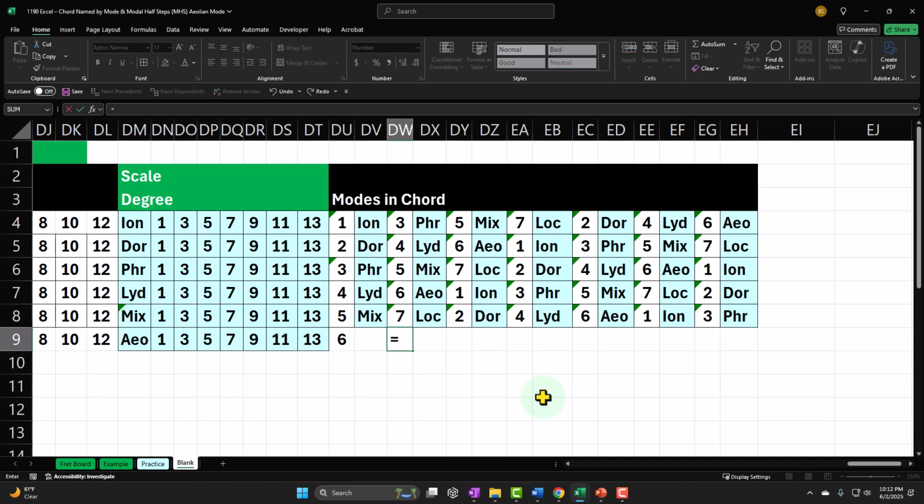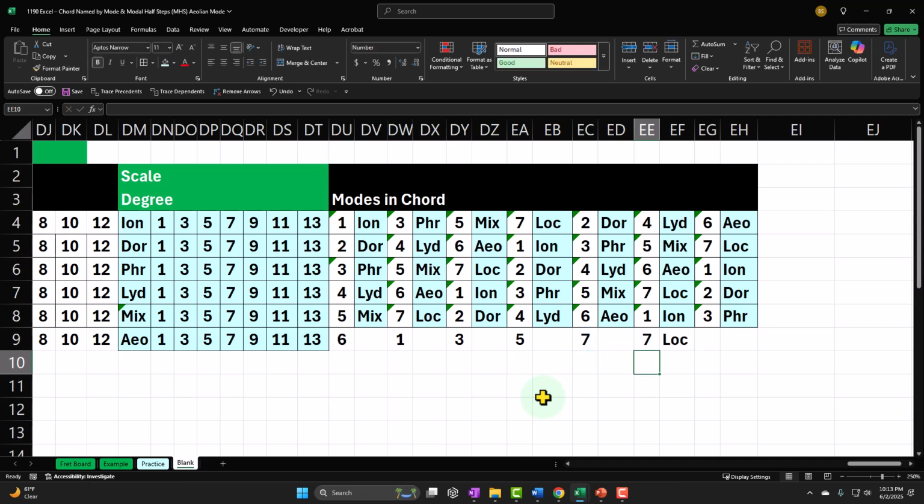That's what it is. So it'd be 6 plus 2 minus 7, Ionian. This would be equal to the 1 plus 2. This would be equal to the 3 plus 2. This is going to be 5 plus 2. And then 7 plus 2 minus 7.